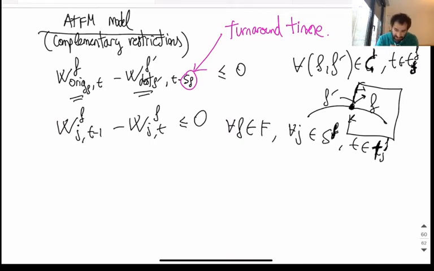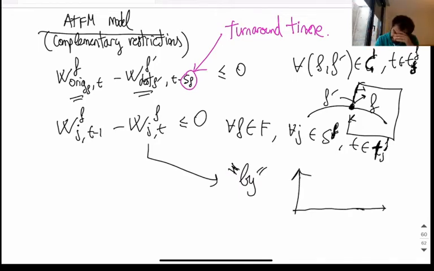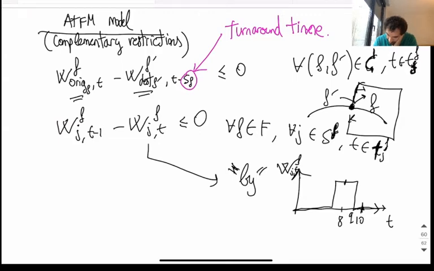And this is basically modeling the condition for the binary decision variables, right? Imagine I have something like this: omega for a node J, F, T. Omega J at time instants, say this is 10, this is 9, this is 8.